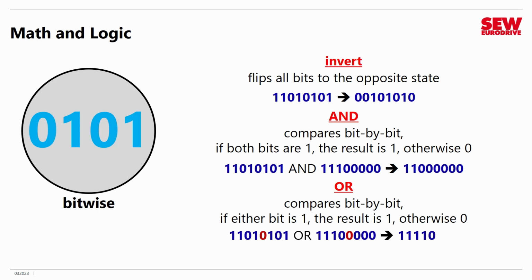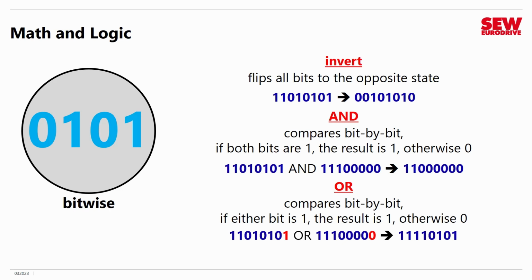Now here we do have two 0s, and so of course they will give a 0. We have a 1 and a 0, that gives us a 1. Two 0s, again we get a 0. And then finally a 1 and a 0, we get a 1. So that's a bitwise operation, bit by bit going through two variables. So we can do that by ANDing or ORing.